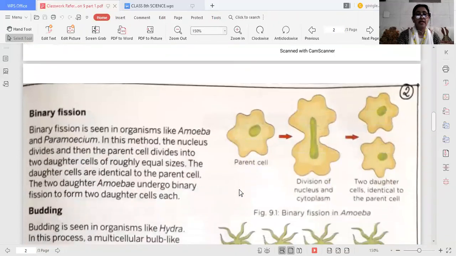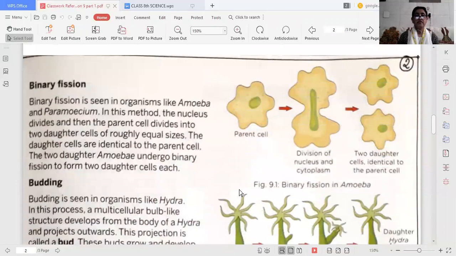Now, what is binary fission? It means division in two. As the name indicates, binary means dividing into two. Binary fission is usually seen in amoeba and paramecium.